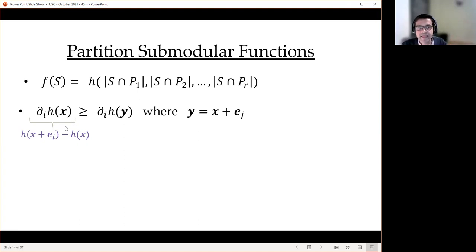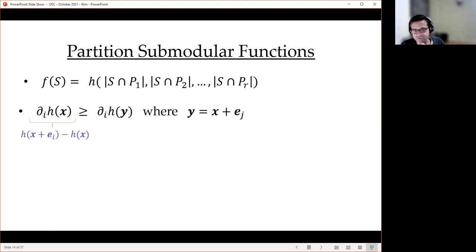So f is submodular if and only if h is also submodular, which basically says that the discrete derivative at a point, delta i h of x, which is nothing but I increase the ith coordinate of x by 1 and look at how much the function increases by, should only be bigger than delta i h of y whenever y is bigger than x. So y is just x plus some other coordinates. I should have this marginal only go down when I go from x to y.